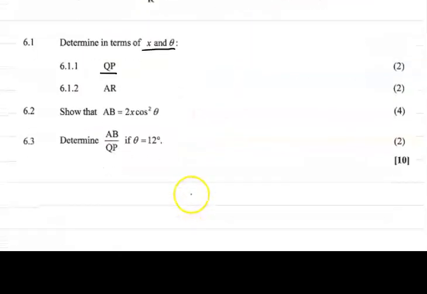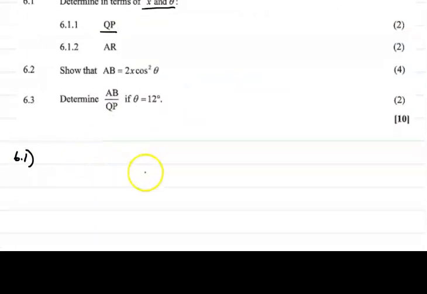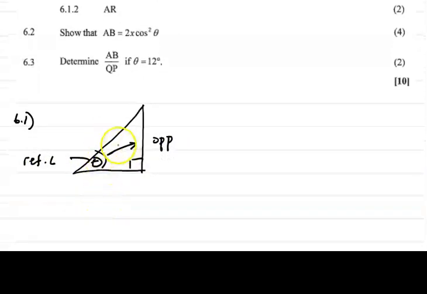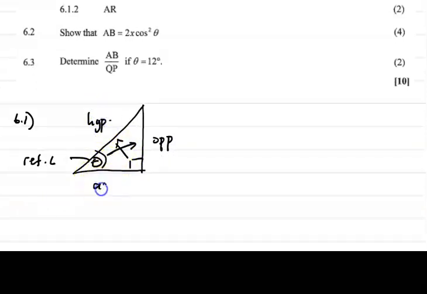So for 6.1.1, remember for right angle triangles, we need to know our trig ratios. If we have theta as my reference angle, that is my opposite side, opposite my 90-degree angle is my hypotenuse, and then the remaining side is my adjacent side.